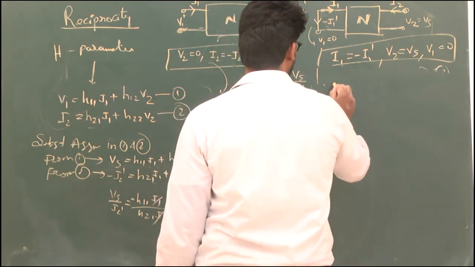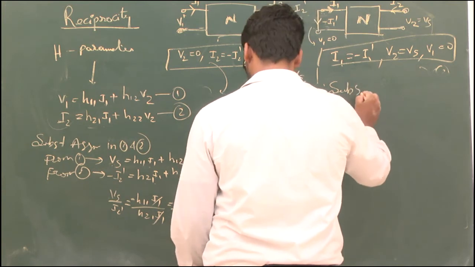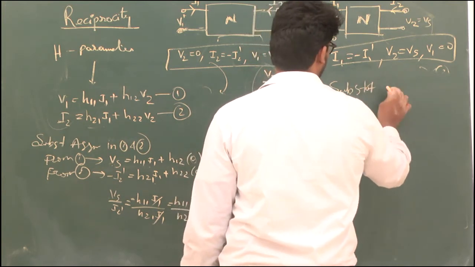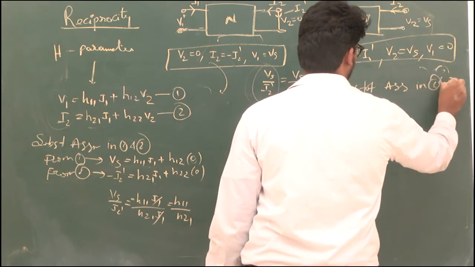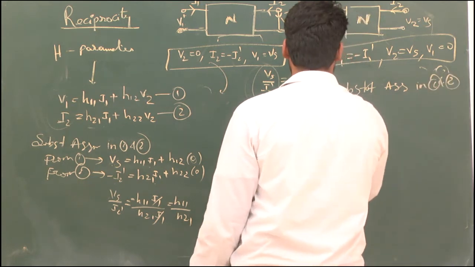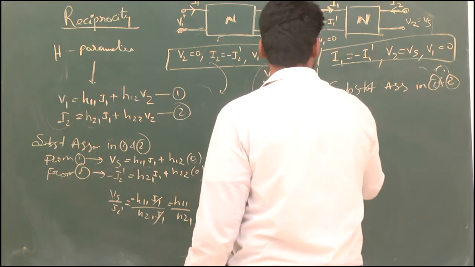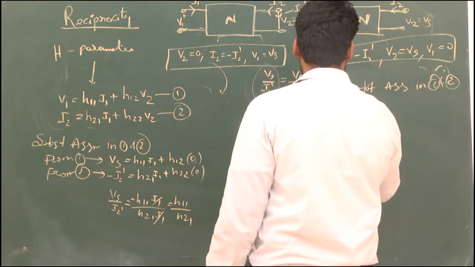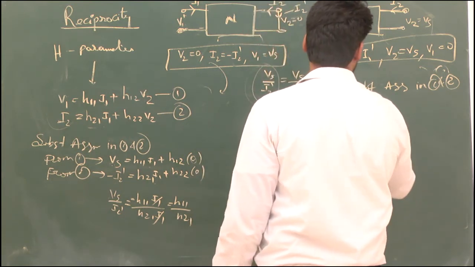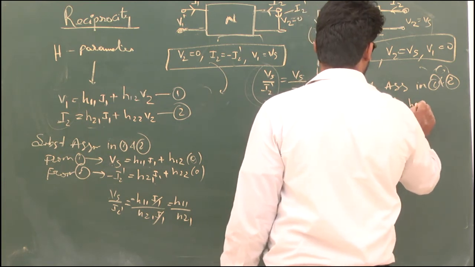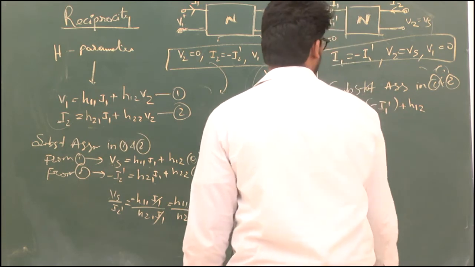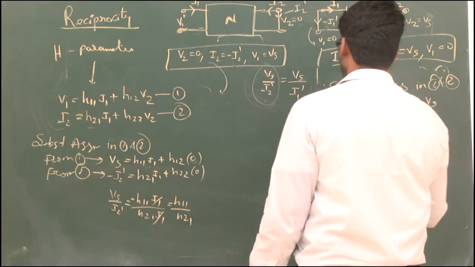We substitute the assumptions in 1 and 2. Substituting V1 equal to 0, h11 I1 will be minus I1 dash plus h12 V2, with V2 replaced with Vs.